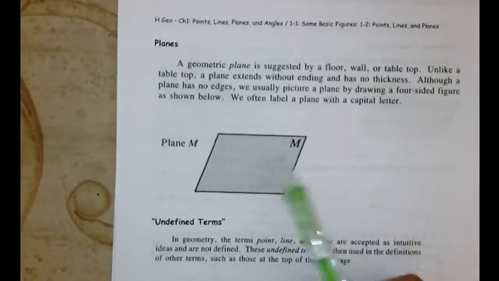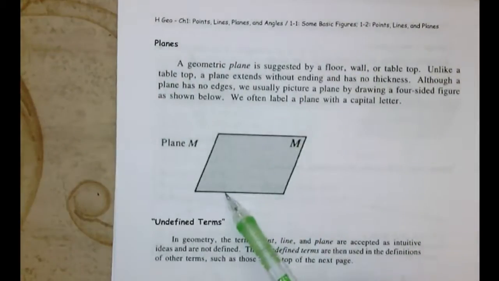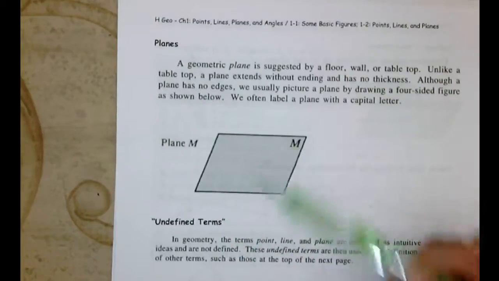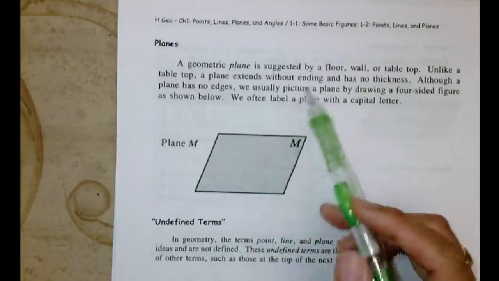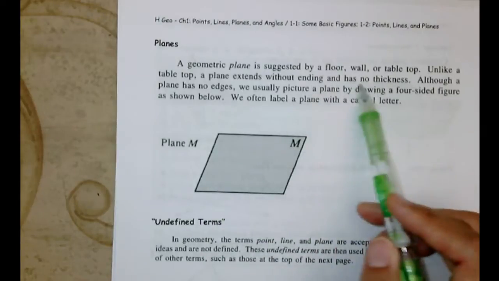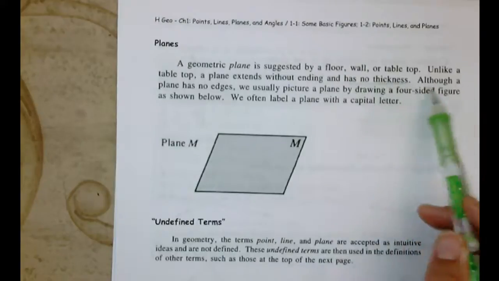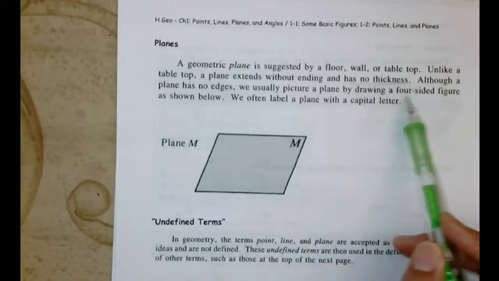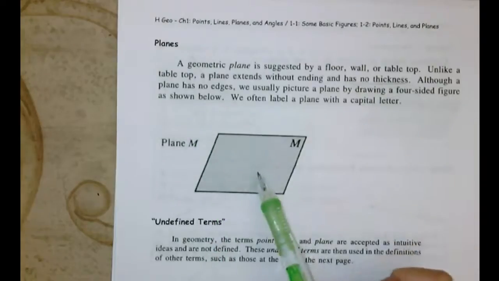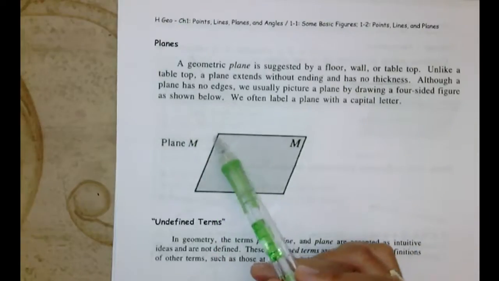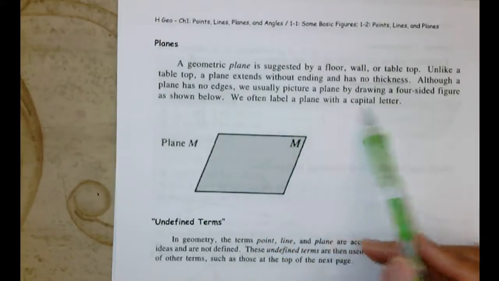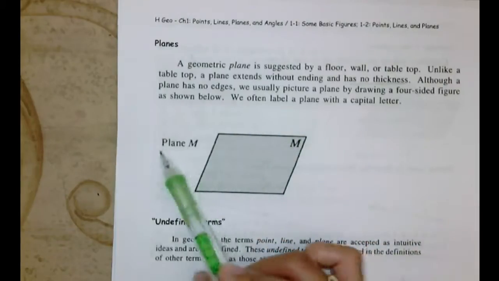Think of it this way: the line is a collection of infinite points, and the plane is a collection of an infinite number of lines. Although a plane has no edges, we usually picture a plane by drawing a four-sided figure as shown below, even though that doesn't mean the plane ends here. We often label a plane with a capital letter, plane M.